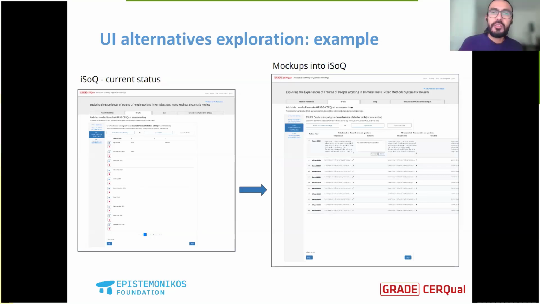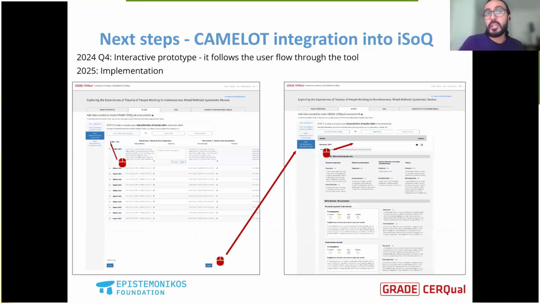Of course, this is only the characteristics of studies table. We have later on step 4, step 5, etc. And we're working in parallel, following the same process that I showed you before, moving from wireframes into mockups, and later on into an interactive prototype.